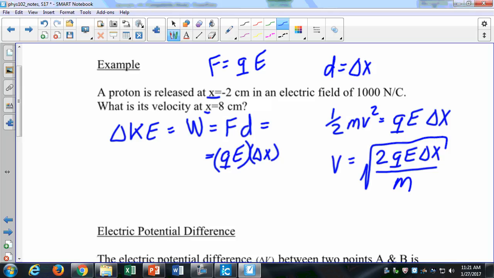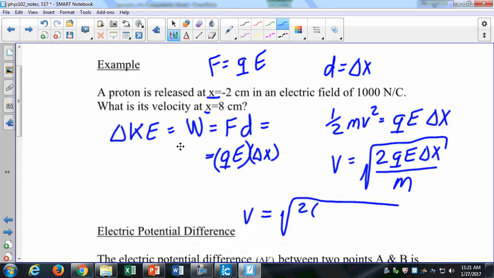So let's go and put in some numbers there. A lot of students get hung up because they say the charge isn't there or the mass isn't there. But don't forget, for your basic particles, your proton and your electron, those are all on your equation sheet. So my velocity is equal to the square root of 2. And then you look on your equation sheet and say, where's the charge of the proton?